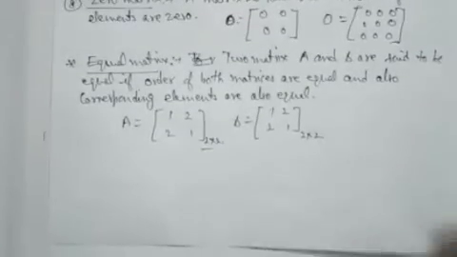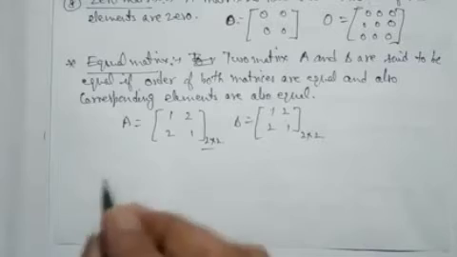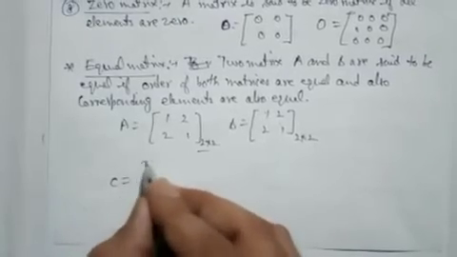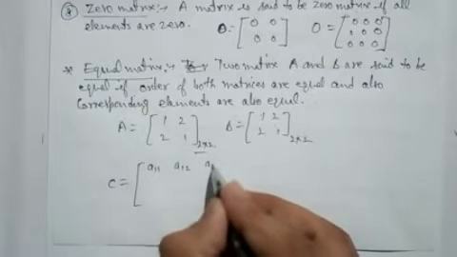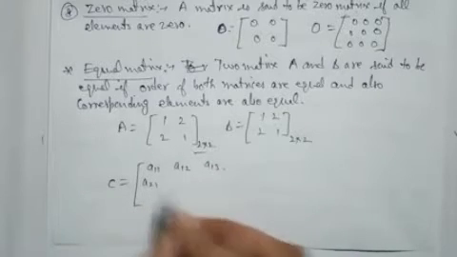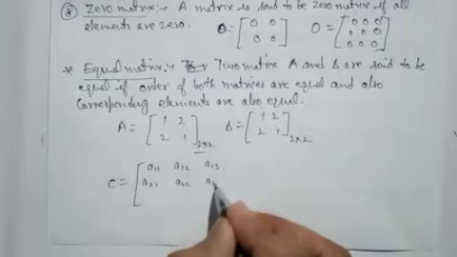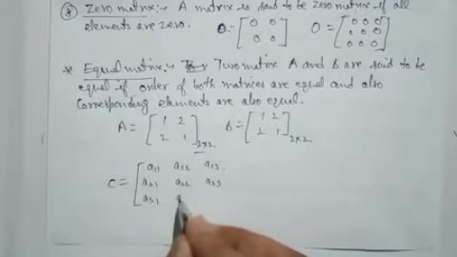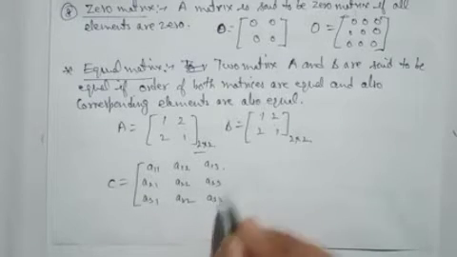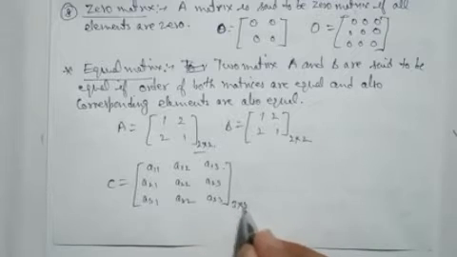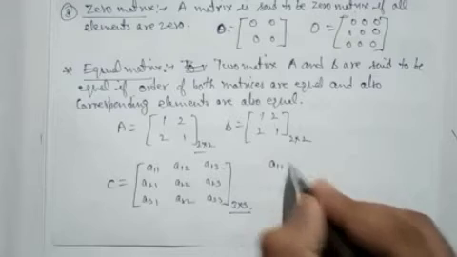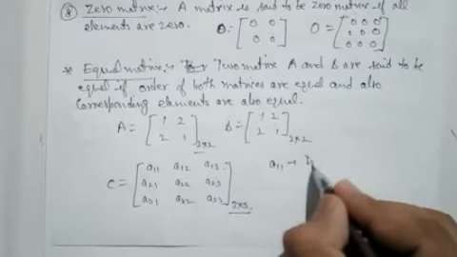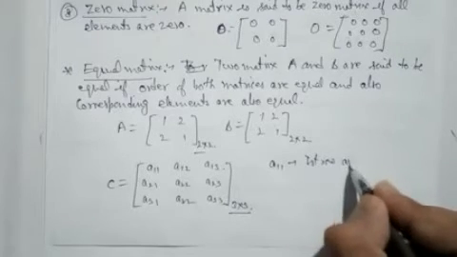Clear? If I would like to construct a 3 cross 3 matrix, this is A11, A12, A13, A21, A22, A23, A31, A32, A33. This is 3 cross 3 matrix. A11 stands for first row and first column.